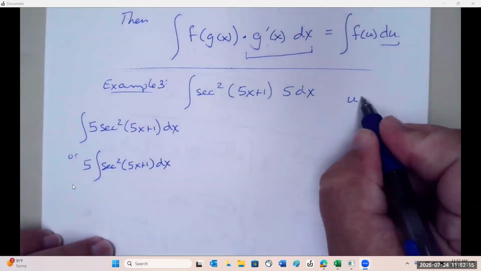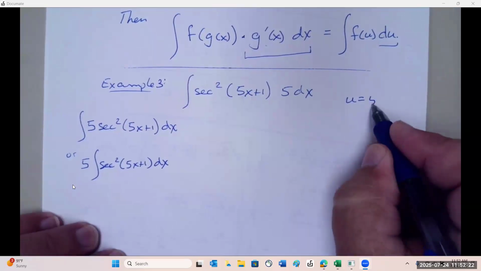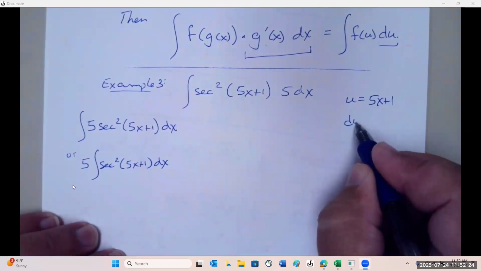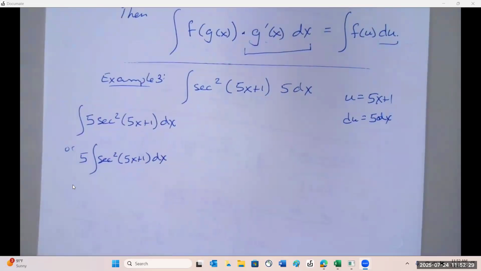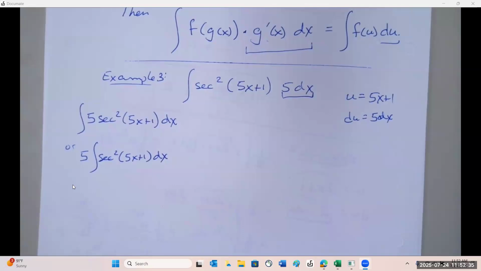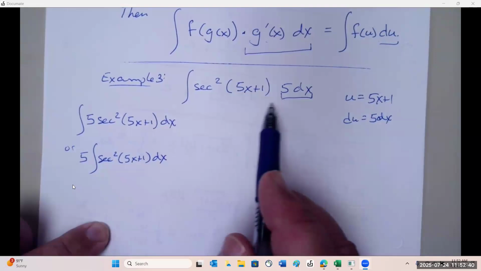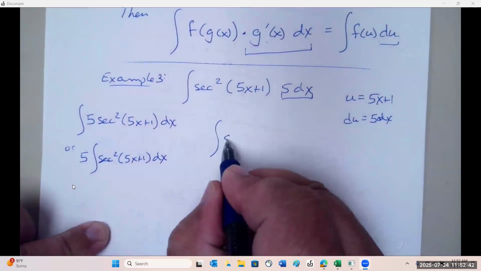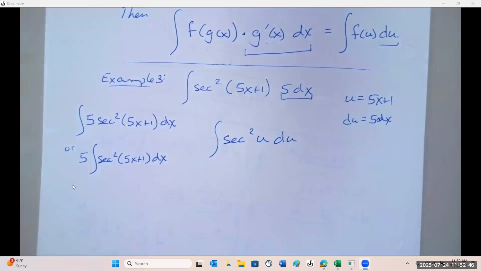Because once we define our u, what is our u? What's the innermost function? So du would be 5 dx, which is right there. So once you define these and find du, we know that we're set up as secant squared of u du.